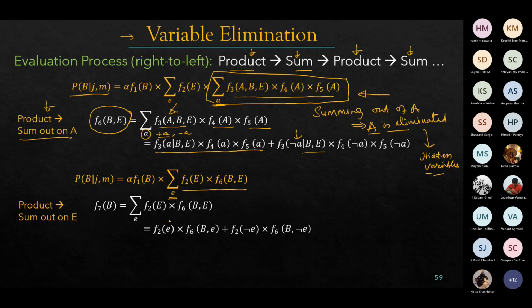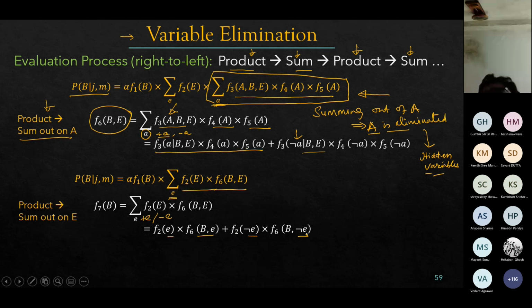E again can be positive E and negative E. So we first replace E with positive E as we did here, and then we replace E with negative E as we have done here. This means we are eliminating the variable E.